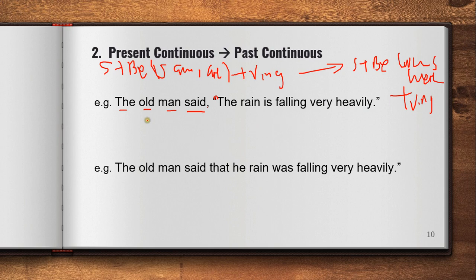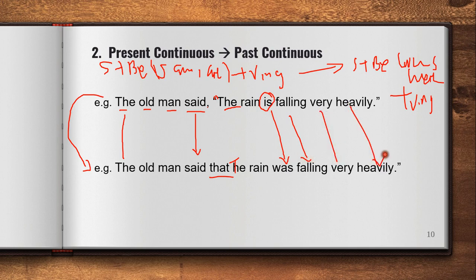Now we want to change into the indirect speech: The old man said that the rain, "is" you have to change to "was," falling very heavily. Remember, guys, present continuous changes to past continuous.